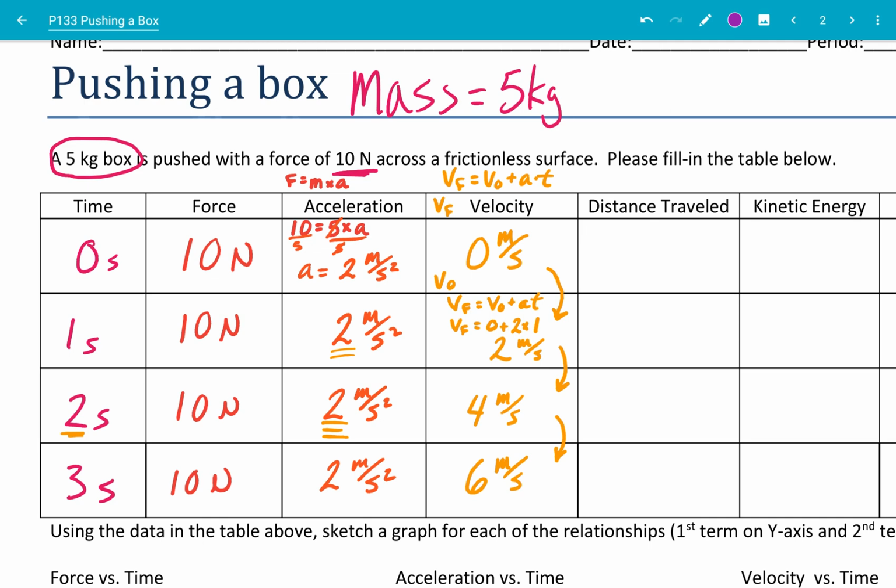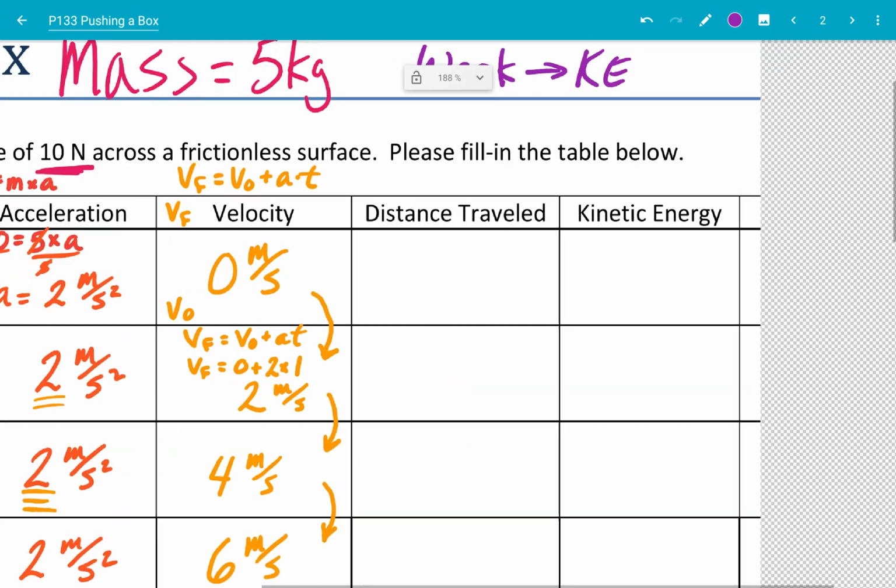So you apply a force, you do work. When you do work, you give the thing kinetic energy. So work turns into kinetic energy. That's work done on the box, turning into kinetic energy of the box. And kinetic energy is much easier to calculate.